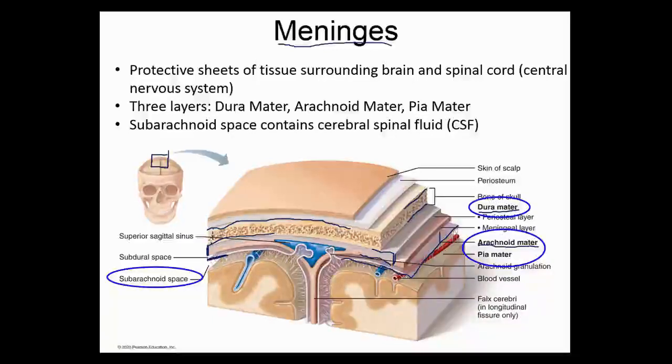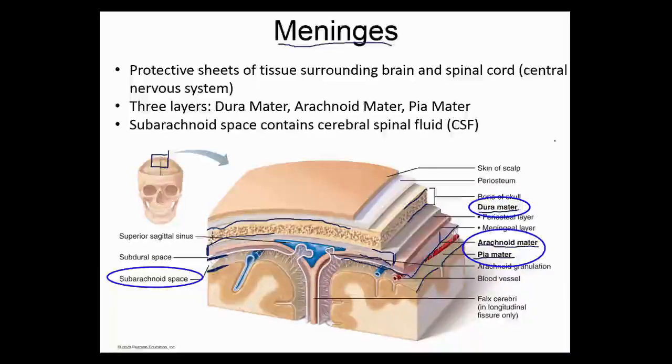And below that, not immediately below, but the final layer, which is the thinnest layer, is called the pia mater. The pia mater rests directly against the brain and spinal cord. We can see the pia mater here is a very, very thin sheet, pressed right up against the brain.